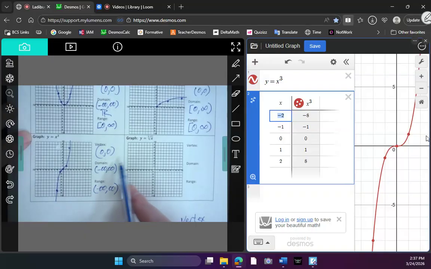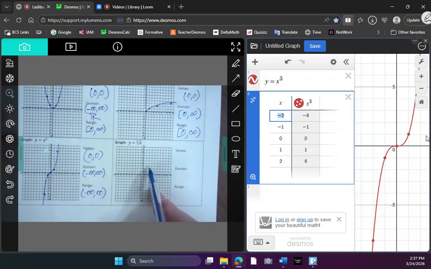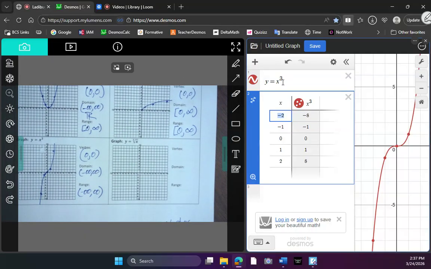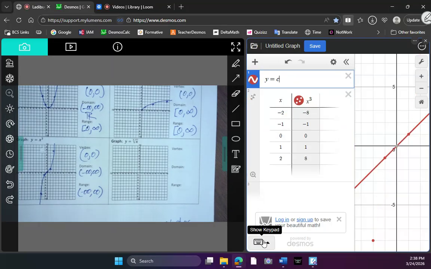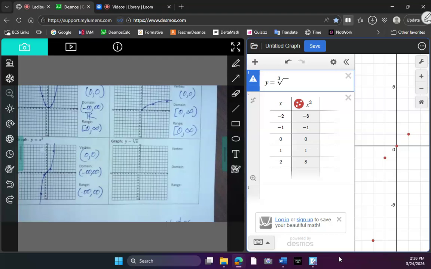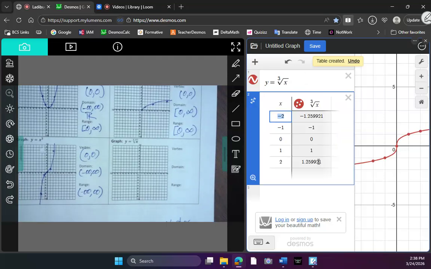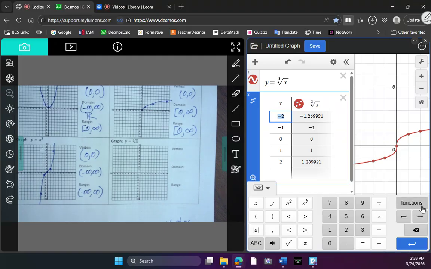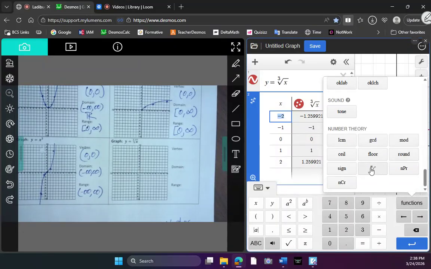Okay, so the final one will be the cubed root. And if I go and do, I would say CBRT will get you the cubed root of x and make a table. But if you forgot that function, you would bring up the functions menu, you would have to push this button, and you would scroll all the way down to the N with the root symbol, and you could type in any value root that you want. 3, 4, 5, 6, 7, 8, ninth root.